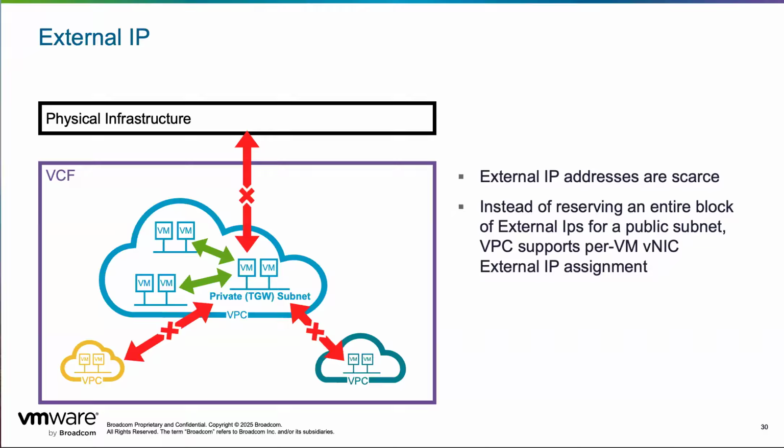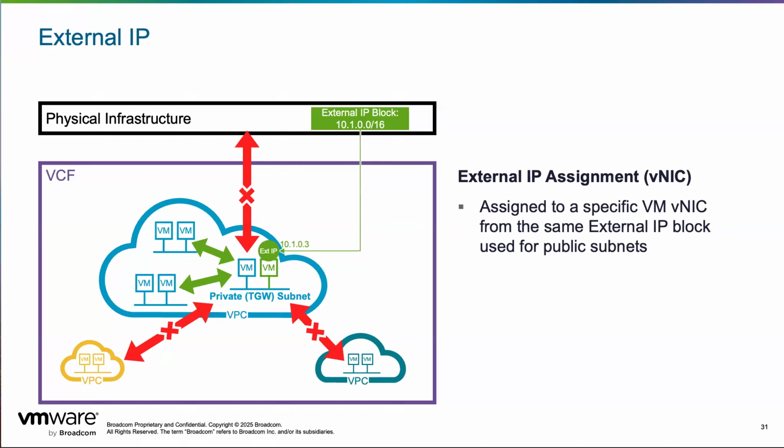So there is a way of explicitly designating a virtual machine, at least the VNIC of a virtual machine, as being publicly addressable without exposing a whole subnet. So instead of reserving a whole block, we're going to assign an external IP address to a single VNIC of a virtual machine.